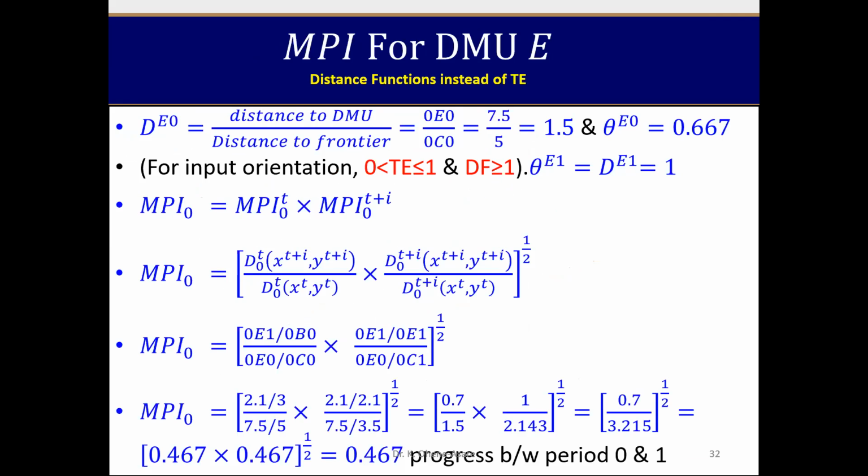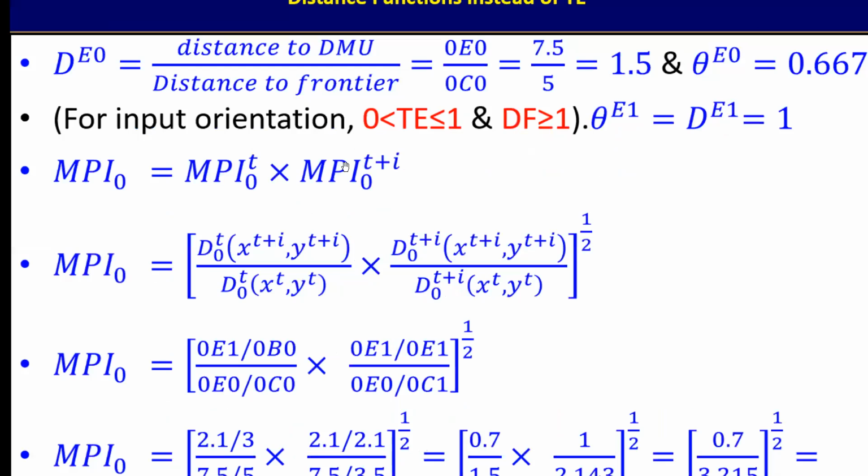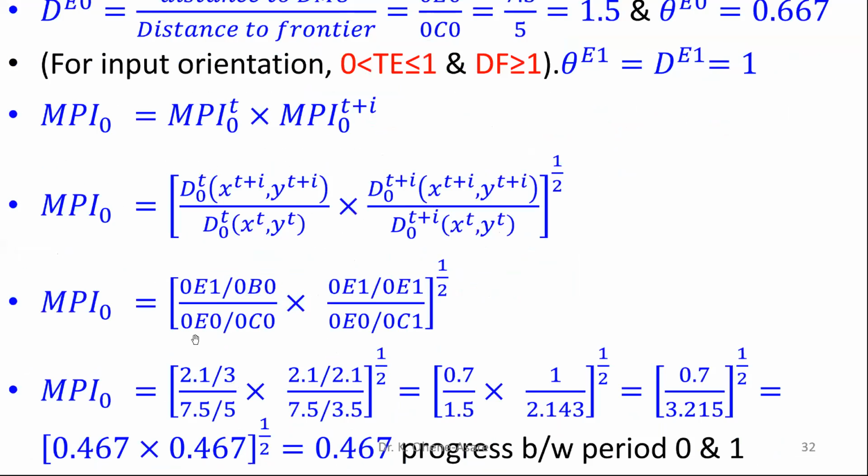You can go and check these things. I'm just showing you these things for the first one, but I want you to understand what is happening behind the scene. Because if you don't understand what is happening behind the scene, you'll be confused. Now, OE1 over OB1 is 2.1 over 3. That is a cross period, and then this is the other own period.